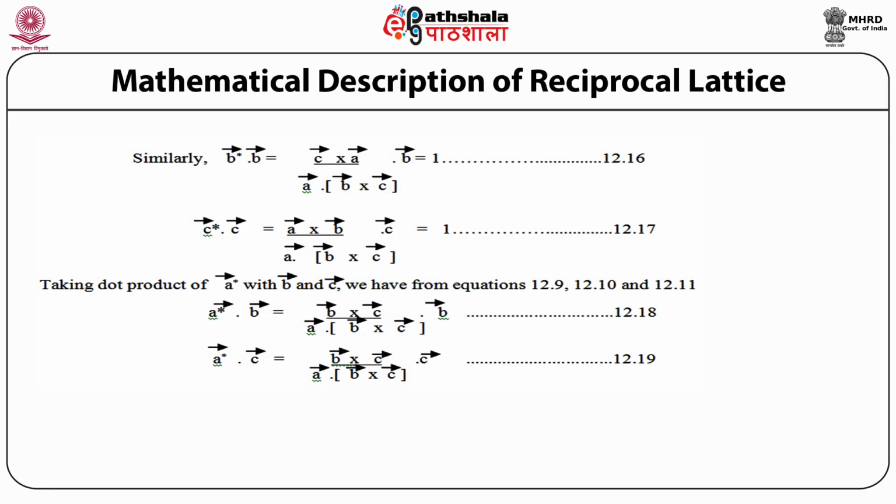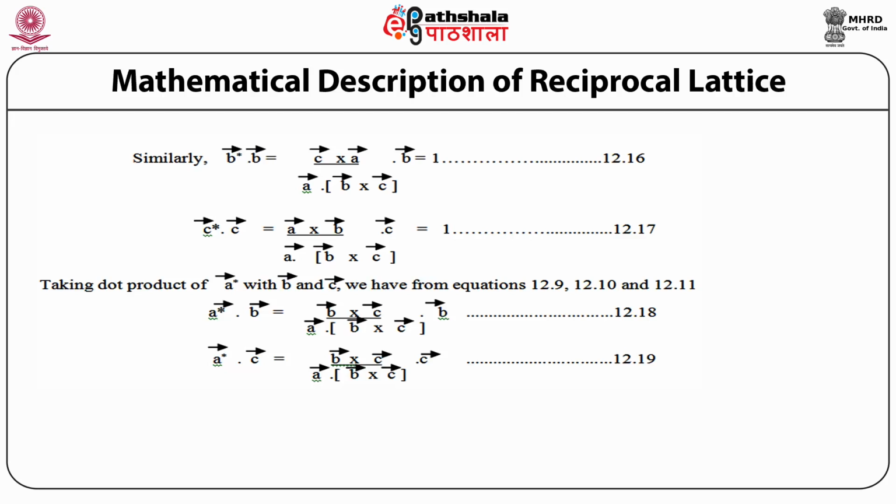Similarly, b* vector dot b vector is equal to c vector cross a vector upon a vector dot b cross c vectors, dot b vector, which is equal to 1, which is equation 12.16. c* vector dot c vector is equal to a vector cross b vector upon a vector dot b cross c vectors, dot c vector, which is equal to 1, which is 12.17.